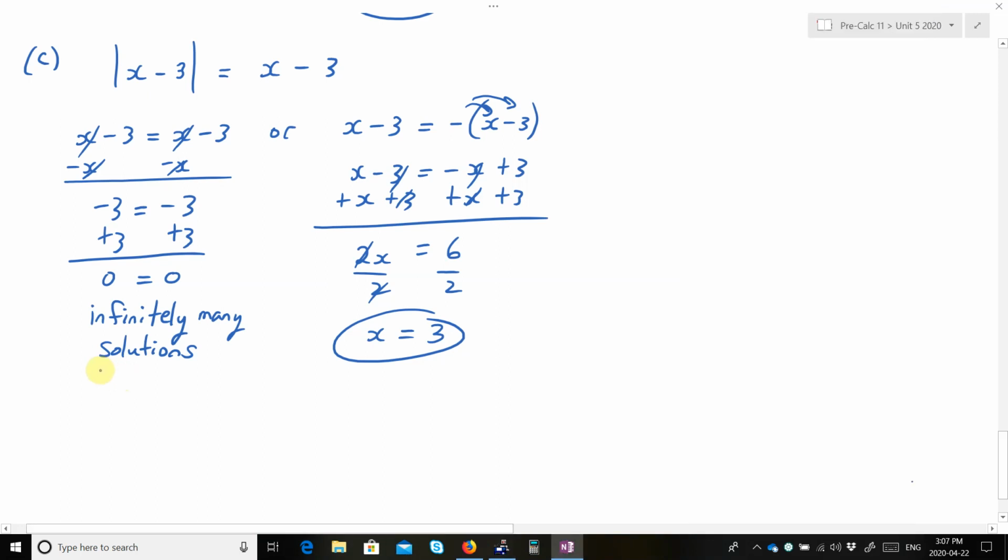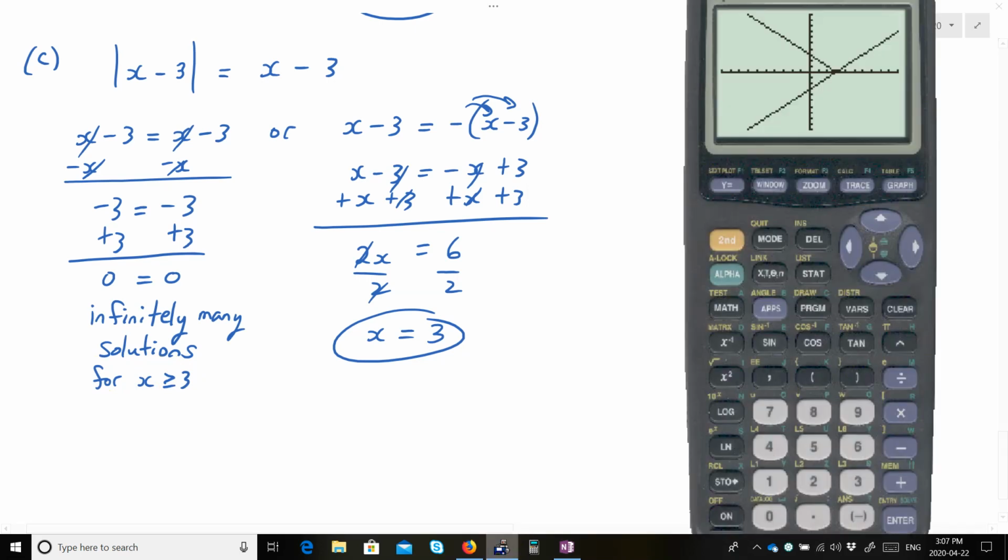So it's actually infinitely many solutions for x being greater than or equal to 3. And you can see that like the way the graphs intersect on the graphing calculator. They meet at x equals 3, and then the lines are coincident from there.